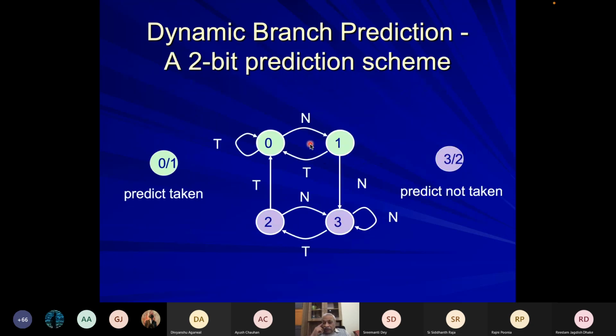Now, I think you're bringing us to the question of where do you start? So actually, you might start anywhere. Initially, it might make a couple of mispredictions more than expected, but then it'll latch onto its rhythm and start predicting much better.